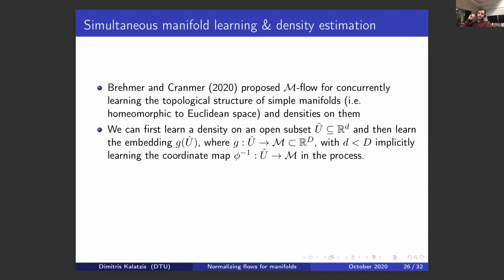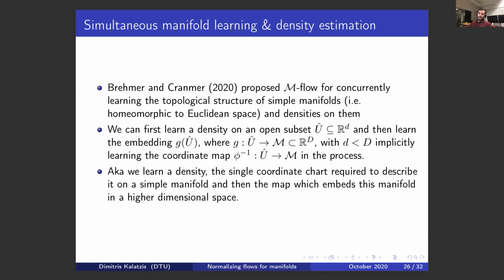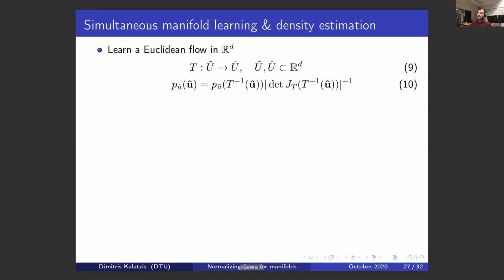So the model first learns the density on this chart, and then the mapping G, which maps the density onto the embedded manifold, but it preserves its topology in the process. In other words, in this construction, we learn the density on the manifold, an embedding, and implicitly the coordinate chart for that manifold. So mathematically, this construction looks as follows.